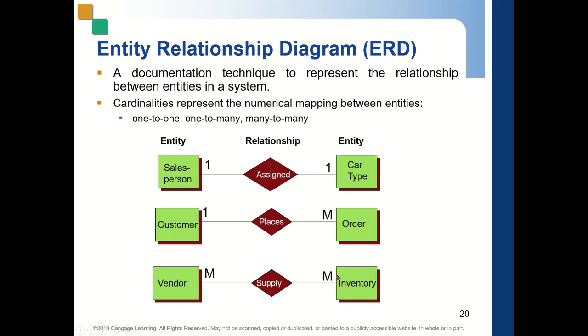So that would be a many to many kind of relationship. So in summary, this is your ERD, and it is one of the more popular documentation techniques, especially when you are designing databases.